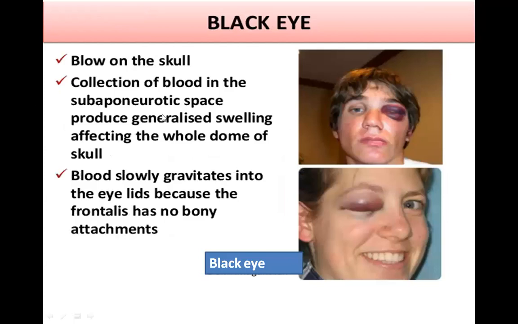Black eye. If there is a blow on the skull, collection of blood in the subaponeurotic space produces generalized swelling affecting the whole dome of the skull.